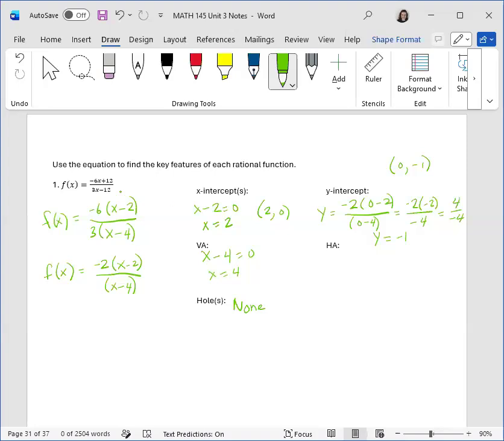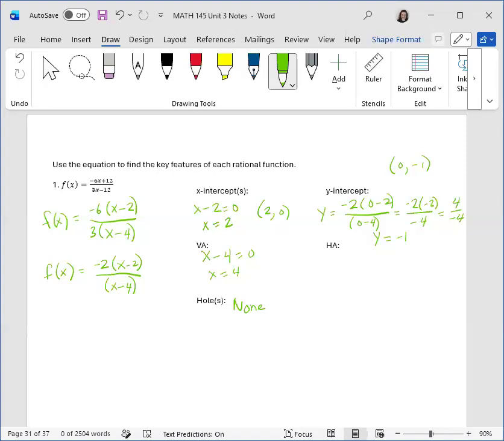So I'm going to go back up here to my original function. The lead coefficient of the numerator was negative 6. I'm sorry, the reason I am using the lead coefficients is because we evaluate the degree of the function. So in this case, the numerator, I skipped this when I didn't explain this a second ago.